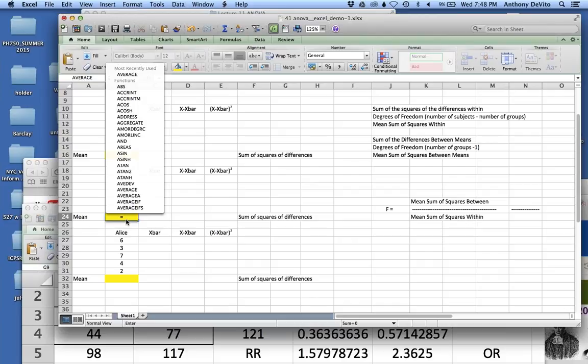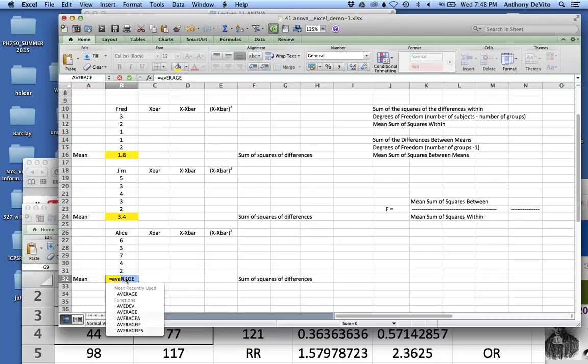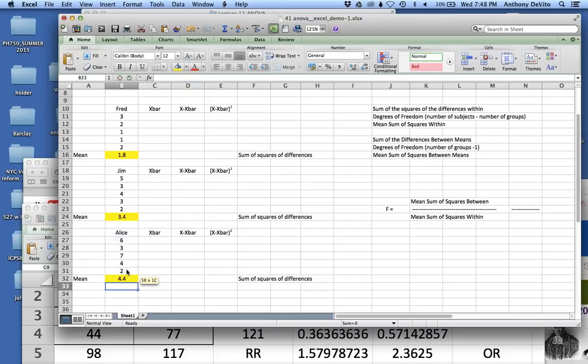For the second group, we calculate the average for this group. For the third group, we calculate the average. So now we have the mean for each one of these three groups. Now we say to ourselves, okay, I see what the means are. What's the variability like within each one of these groups?